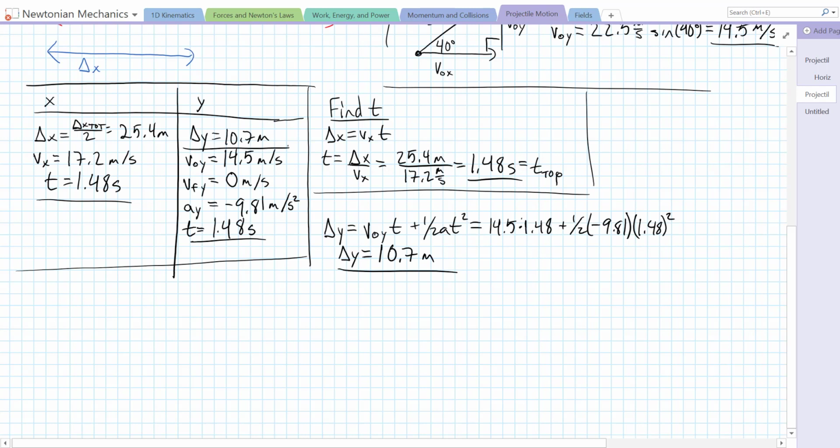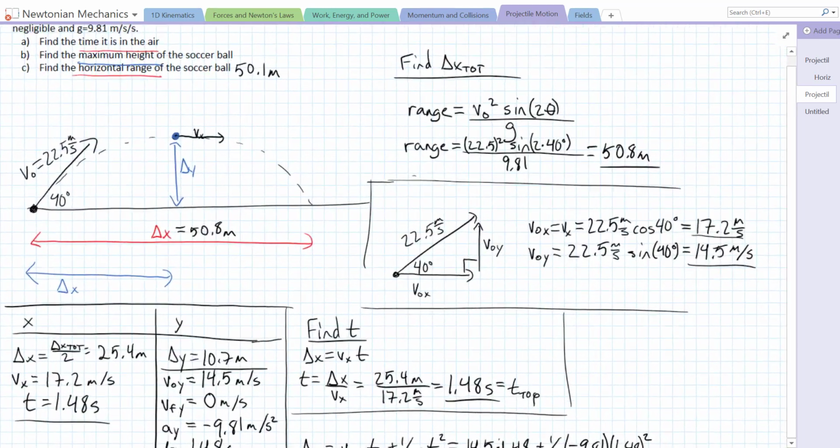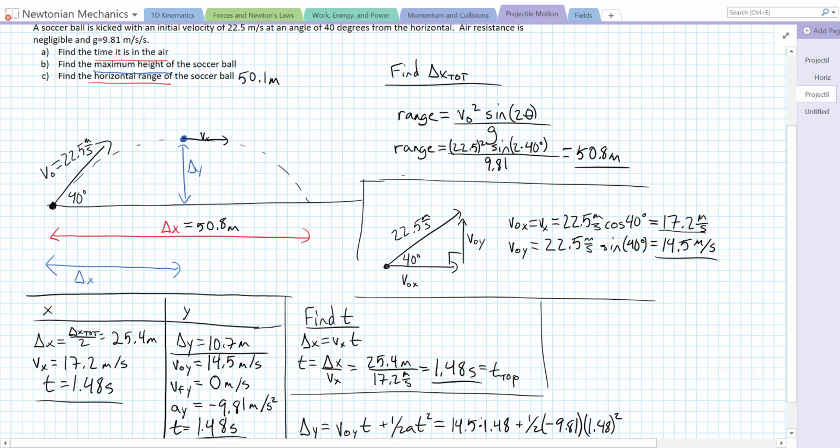Okay, so we filled in our entire table. Now we just have to answer the question the best we can. Hopefully we have enough information. We need to find the time the soccer ball is in the air. We've solved for time here, but that was the time to get to the top.